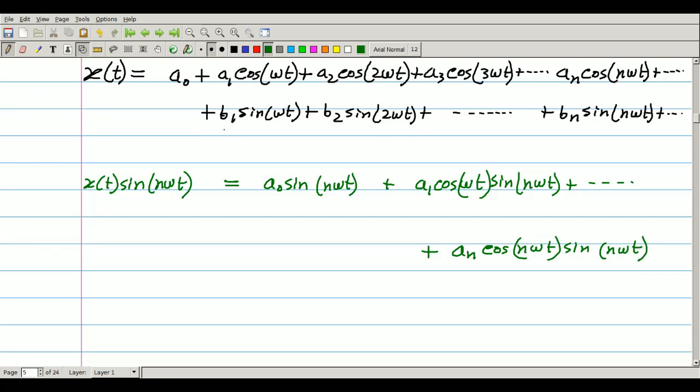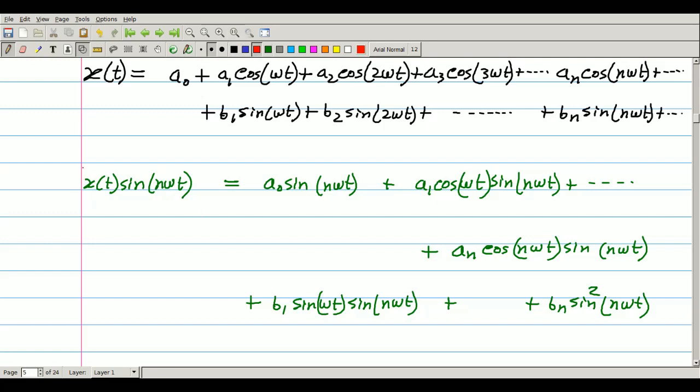Then you will also have these terms, so plus b1 sine omega t multiplied with sine n omega t plus b2, b3, etc., those terms, and finally we will get bn sine n omega t multiplied with another sine n omega t, so it will become sine square.